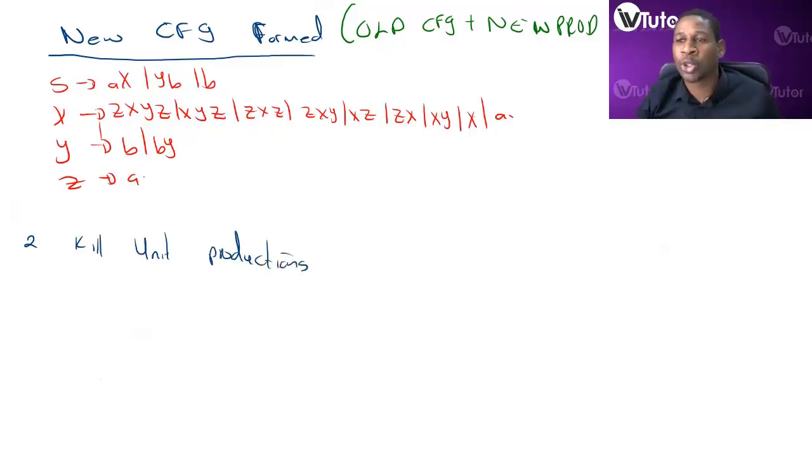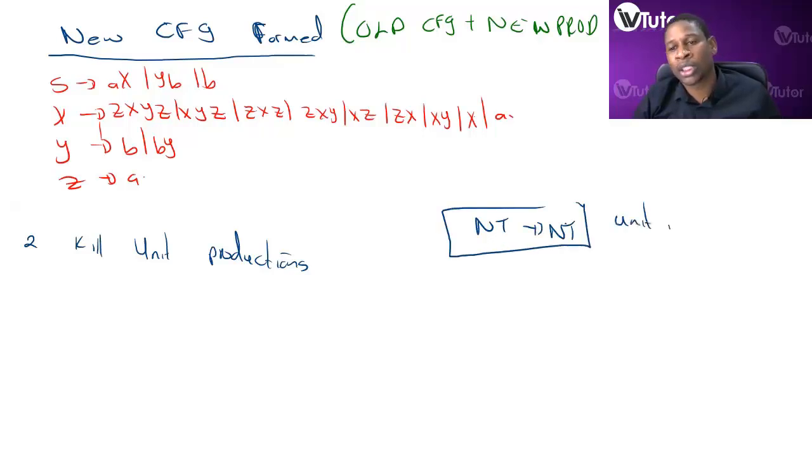So unit productions go as follows. We've got productions of the form non-terminal goes to exactly one non-terminal. We call this a unit production. Remember, unit means 1.